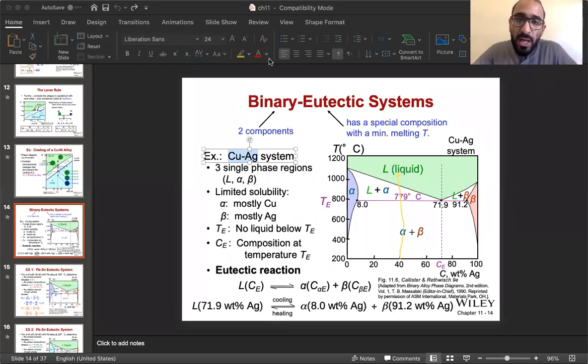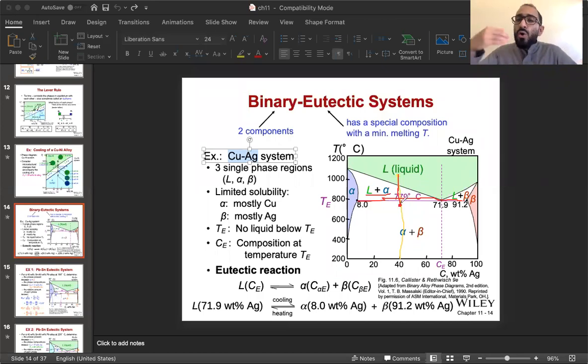Now, once you start to cool down, you come to this region. Now you have two phases, the liquid plus alpha. Part of the liquid will transform to alpha, and part of it is going to stay as it is. If you cool below this temperature, 779, you come to this point.